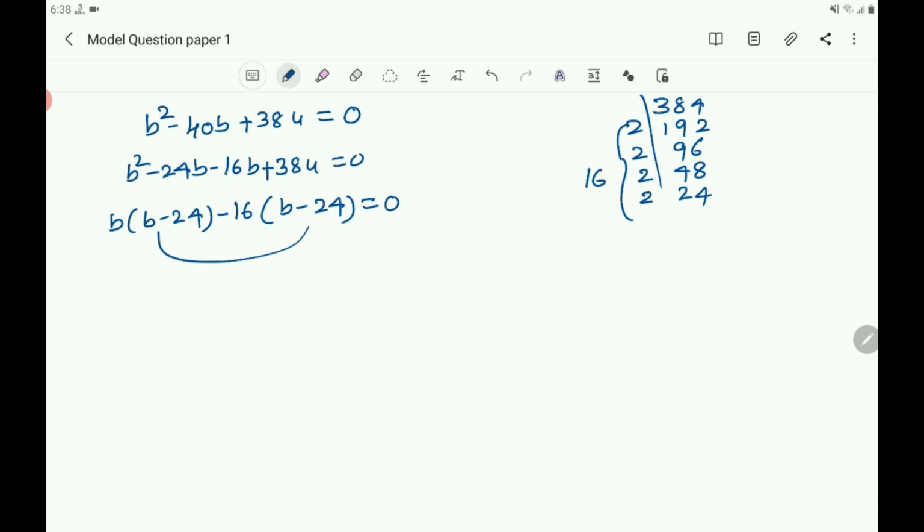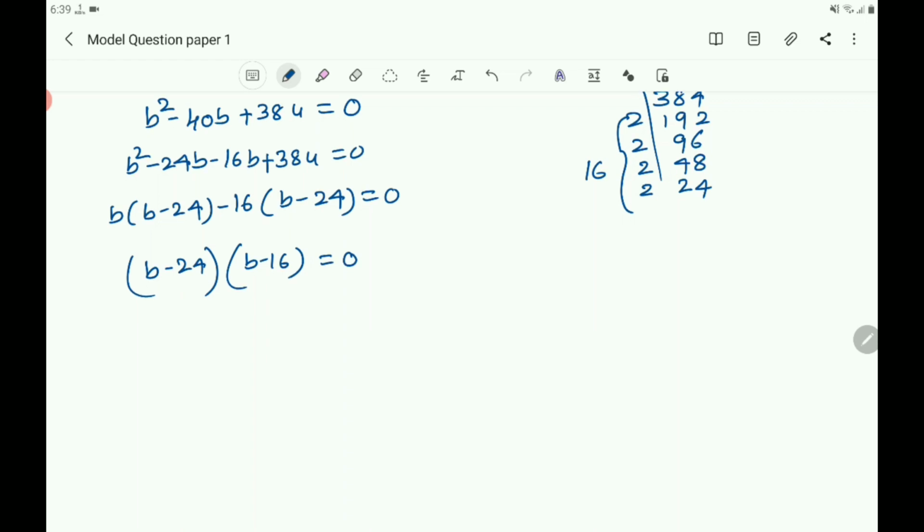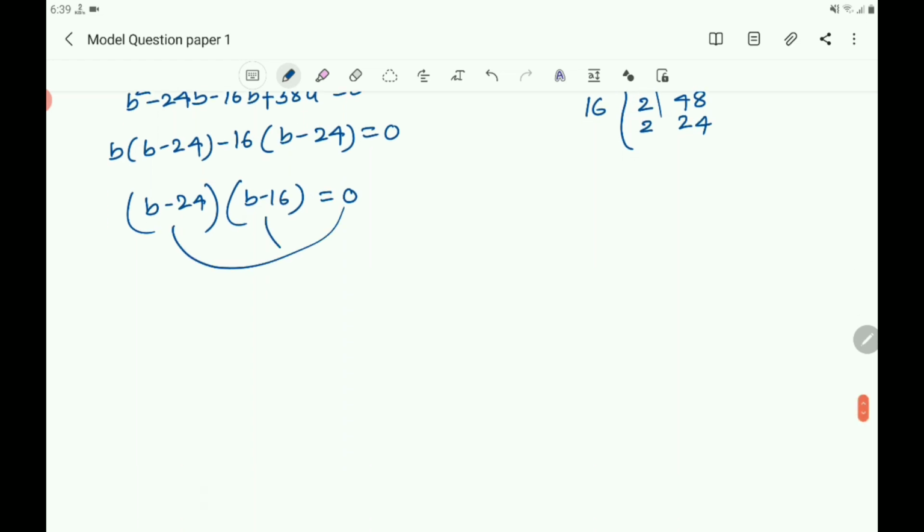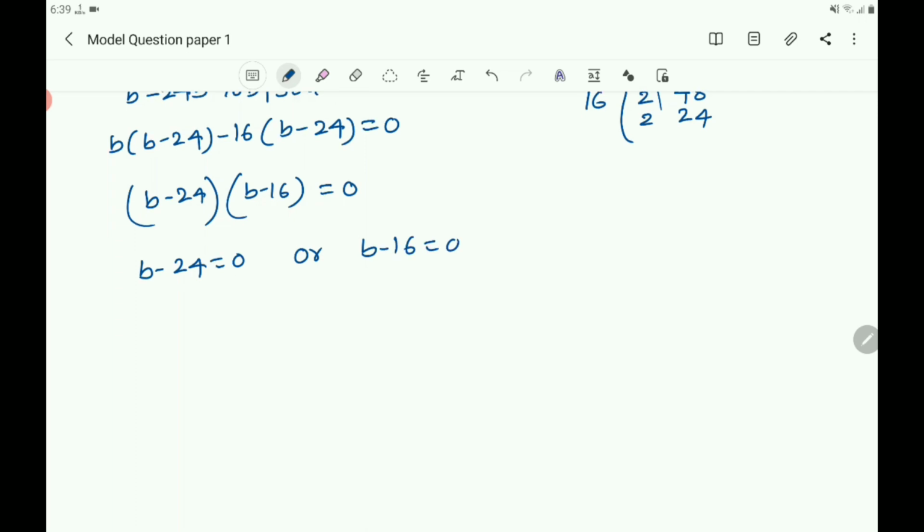The common factor is b minus 24, and the other factor is b minus 16 equals 0. Equate each factor to 0. That is b minus 24 equals 0 or b minus 16 equals 0.